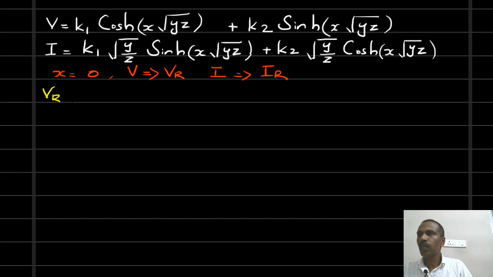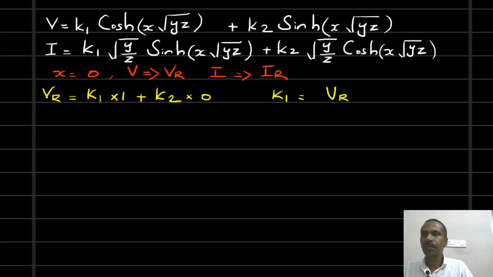So VR equals K1 into, x equals 0, cosh 0 equals 1, plus K2 into sinh 0 equals 0. So K1 equals VR. The second equation, when x equals 0, the current becomes receiving end current.